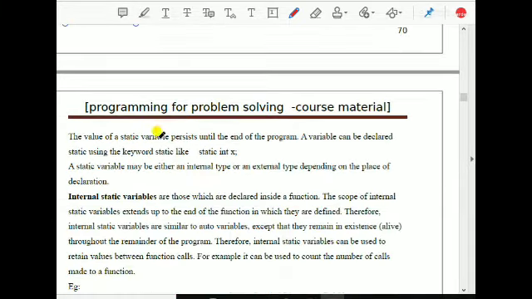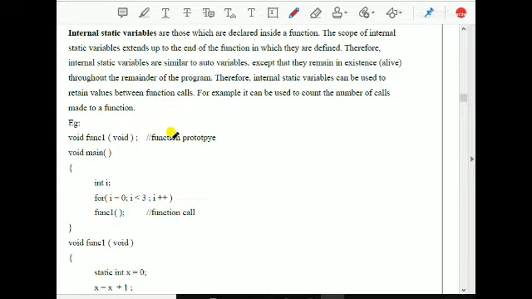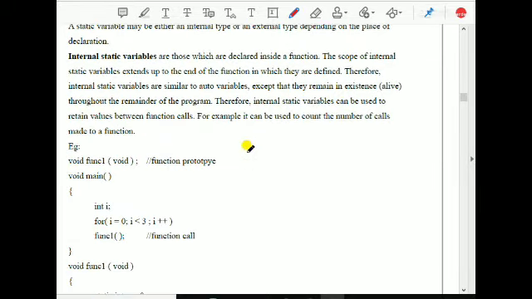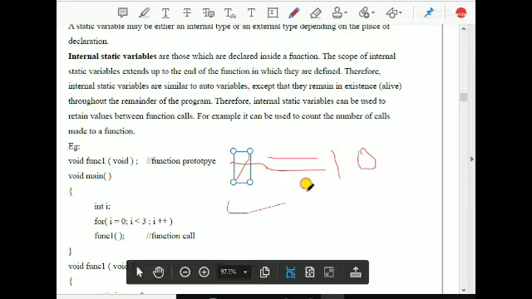A static variable is nothing but, see here, I will show you. The value of a static variable persists until the end of the program. If we declare a value like x is equal to 10, then x is equal to 10 goes till the end of the program. It will not be deleted after running.